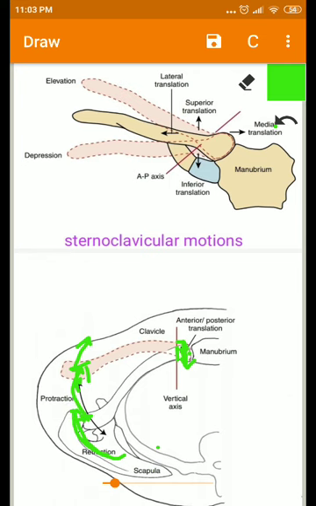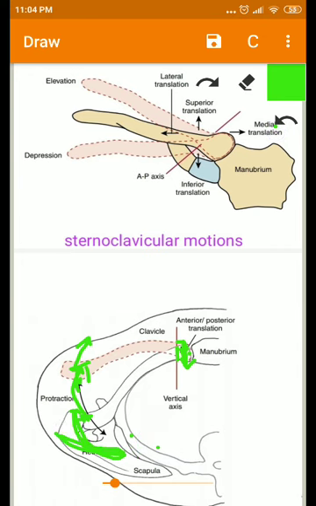That means it is moving sideways, that means it is abducting, because it is moving away from its medial plane. So it is called scapular abduction during protraction. Whereas in the case of retraction, again it comes to its normal position. So that is called scapular adduction during retraction of the clavicle.